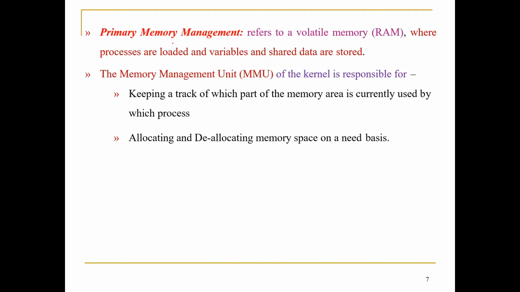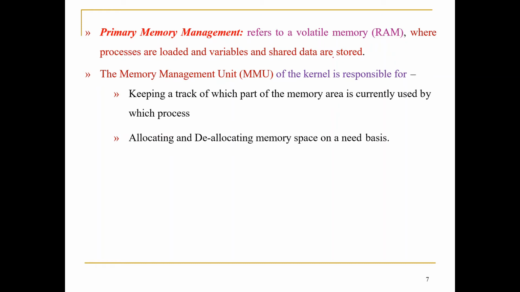The next task it is going to do is primary memory management. So why is this memory needed? Memory is normally needed in order to store the data, the code, or any of the things. Here primary memory refers to the volatile memory, RAM, where processes are loaded and the variables and shared data are stored.